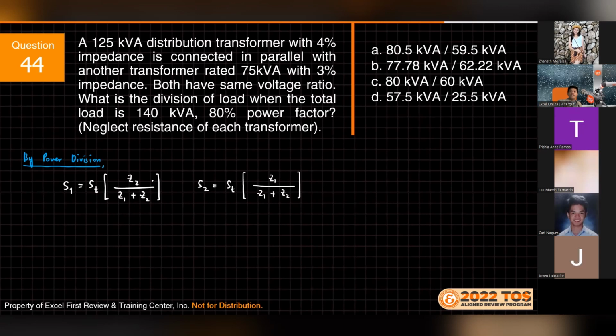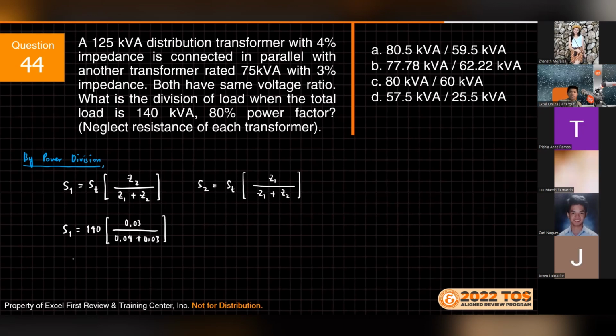Now, it says that the total is 140. So S1 is equal to 140 kVA multiplied by Z2, which is 3% impedance, 0.03, all over 0.04 plus 0.03.